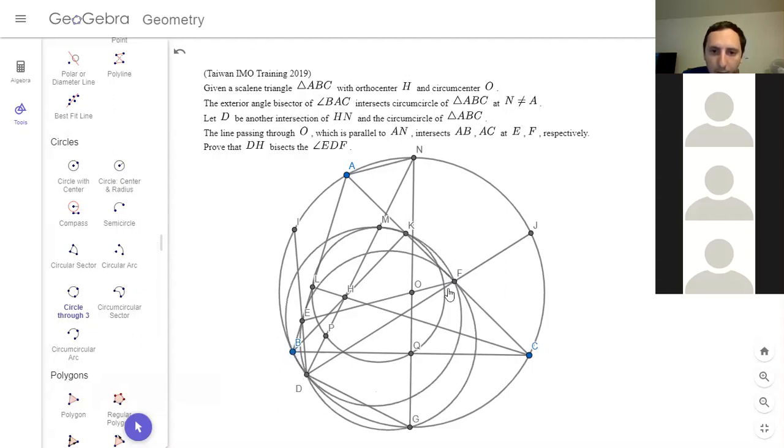So maybe we could show, so we know BKF is 90, and maybe we could show BDKM is cyclic.